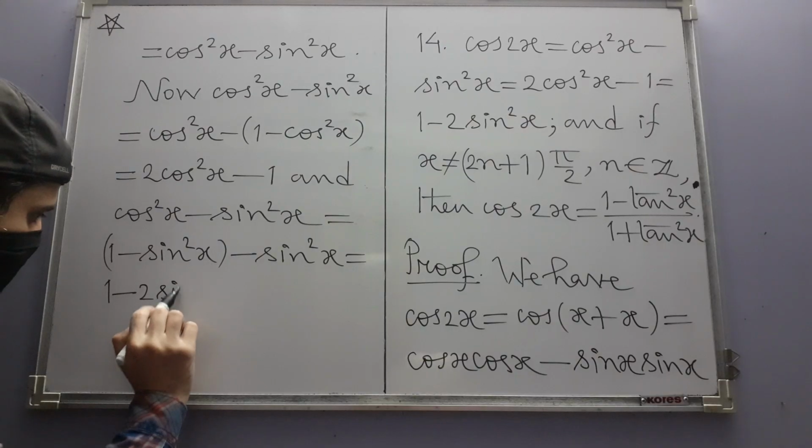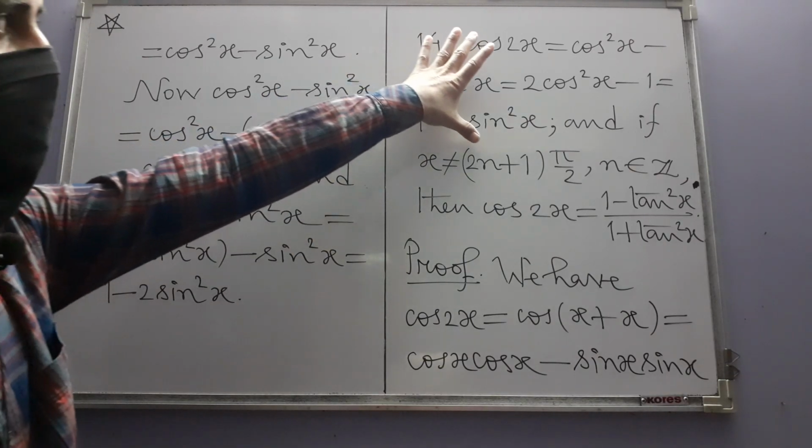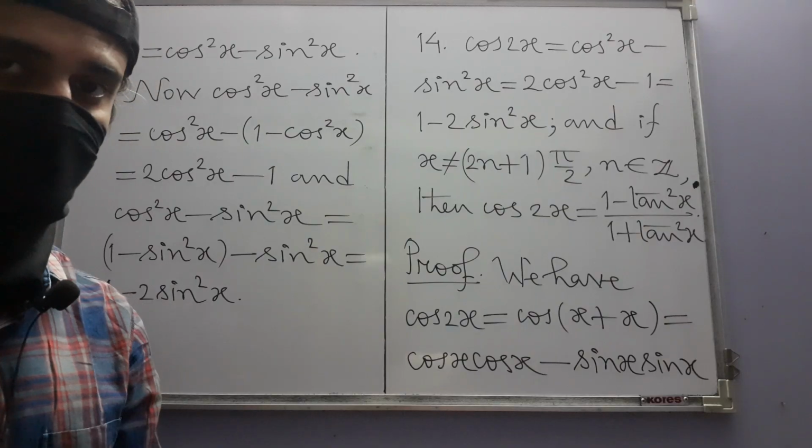So 1 minus 2 sine square x. So we have established the first part of these identities.